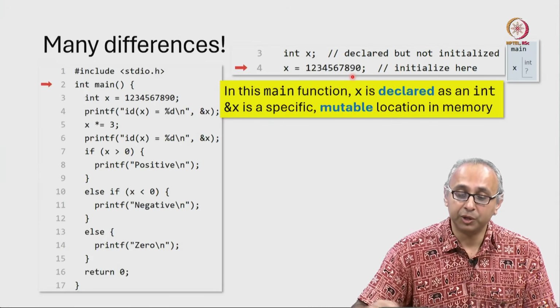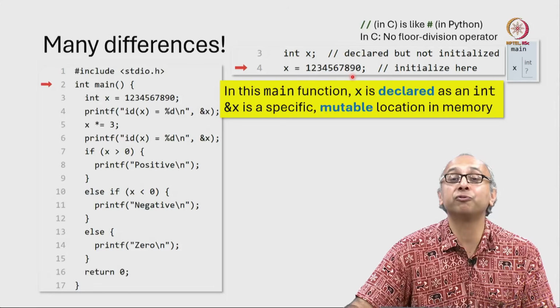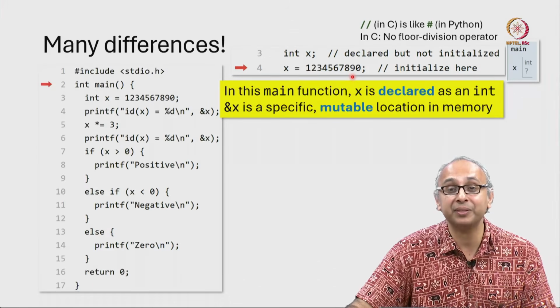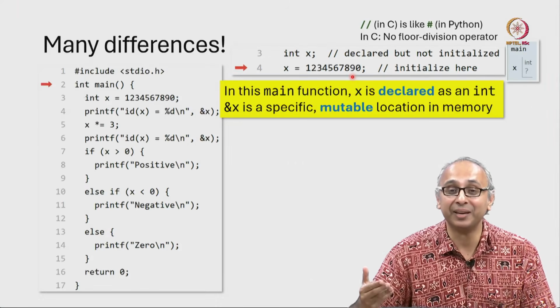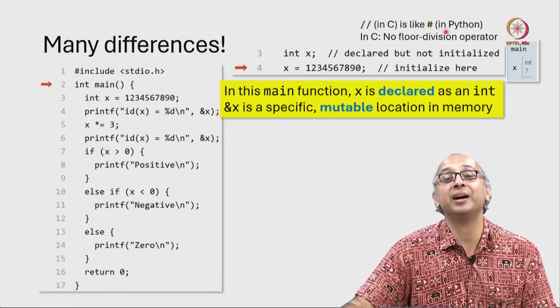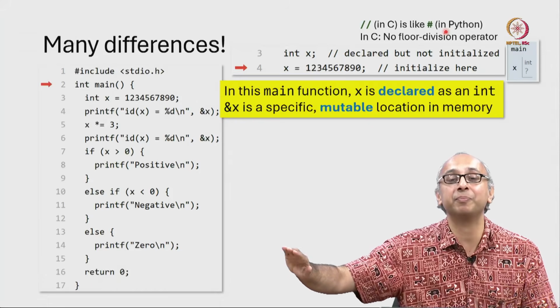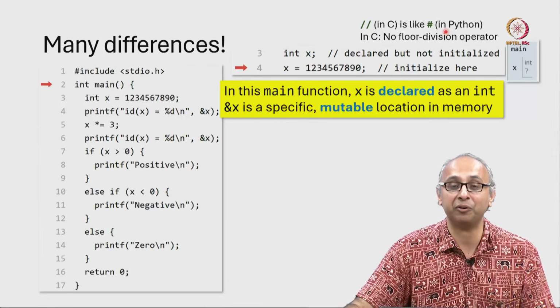By the way, notice that this // operator, which is the floor division operator in Python, is actually a comment in C. So this // in C is like our hash symbol in Python. It ignores everything from that point on until the end of the line.